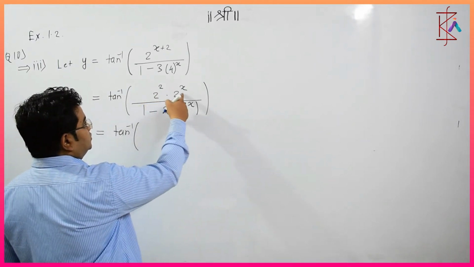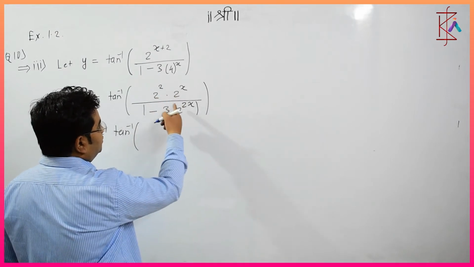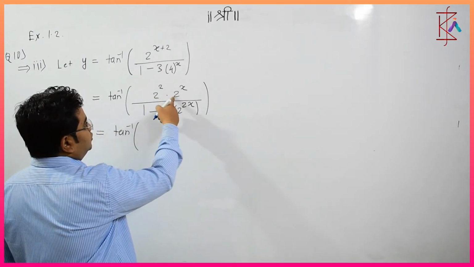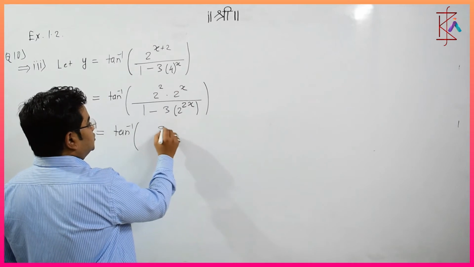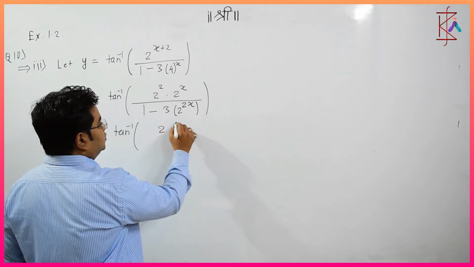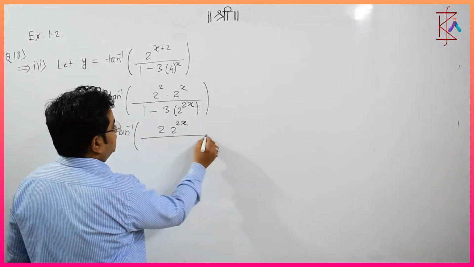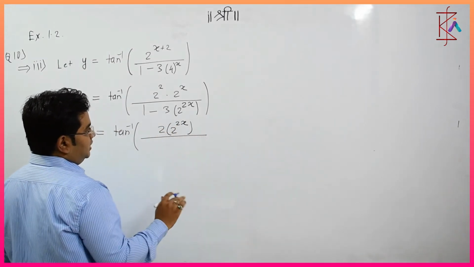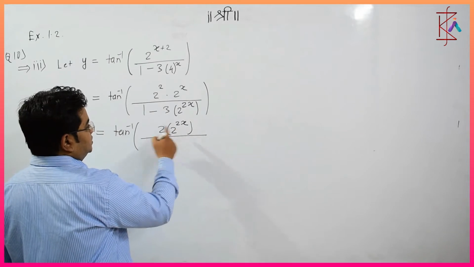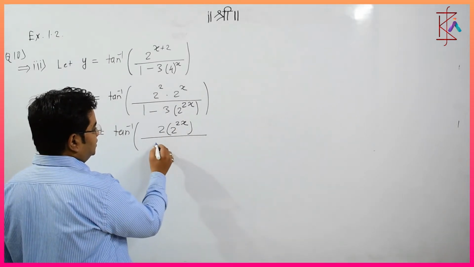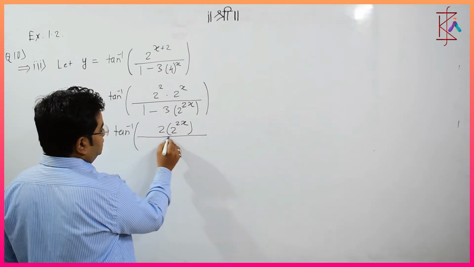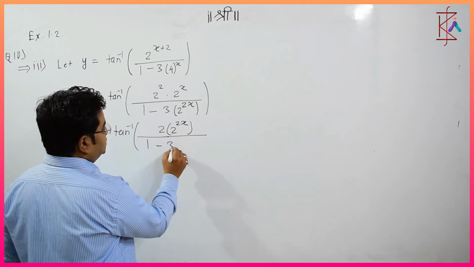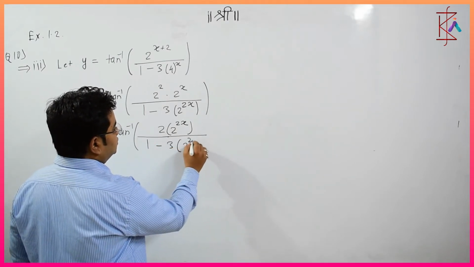This 2 raised to 2x will again perform some important tasks. 2 into 2 will be 2 raised to something, so 2 into 2 raised to x. This is a very important task we have done. Now look at this equation properly again: 1 minus 3 into 2 raised to 2x.